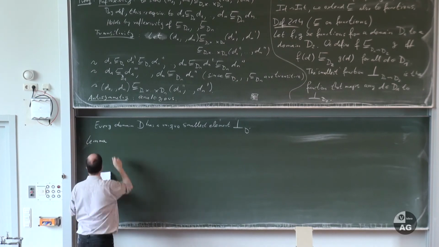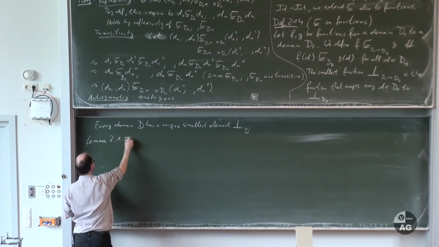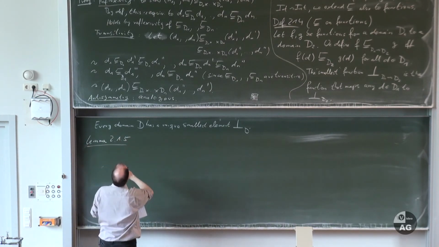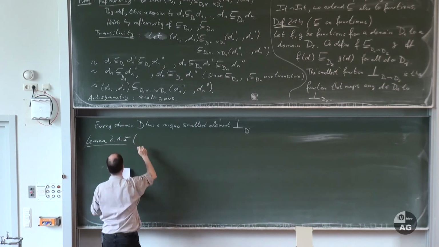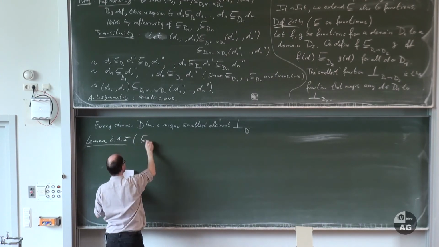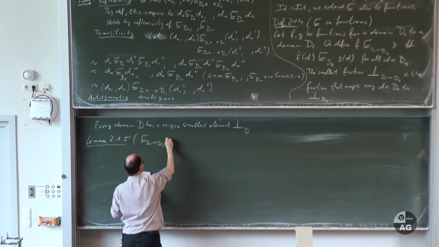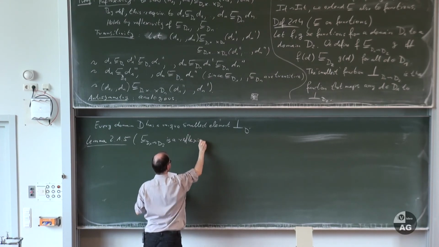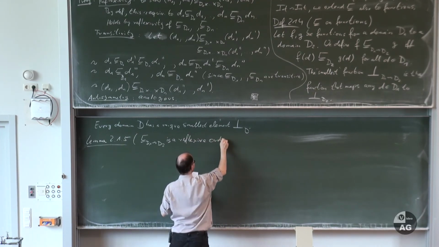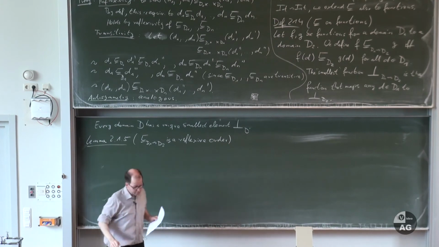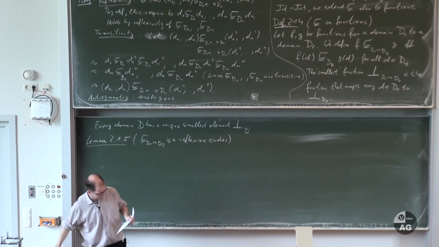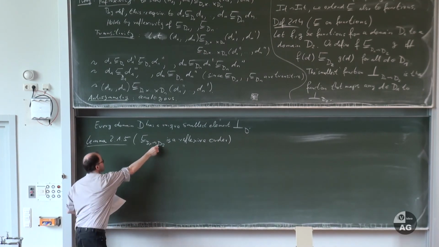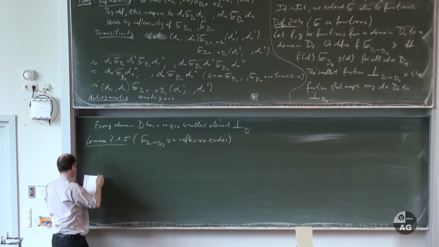So this is lemma 215, and this lemma simply states that on functions, this is a reflexive order, and this holds provided that on D2 this is also a reflexive order.